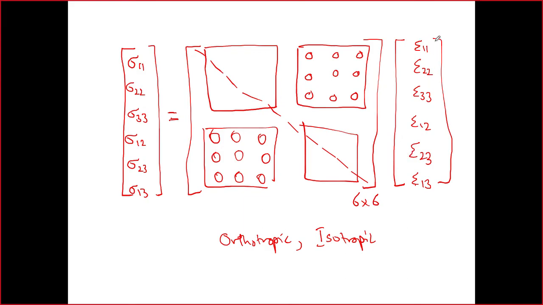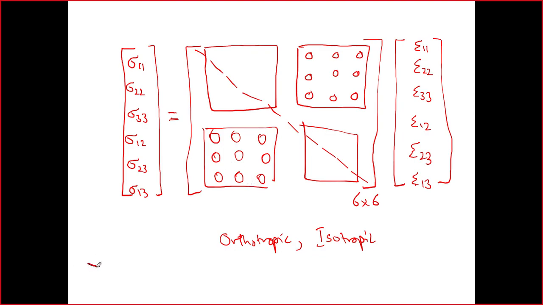Conversely, if I just have normal strains, and if I'm trying to see कि उनसे कोई shear stress cause हो रहा है या नहीं, then I look at this portion of the stiffness matrix and I realize, oh, that's zero.